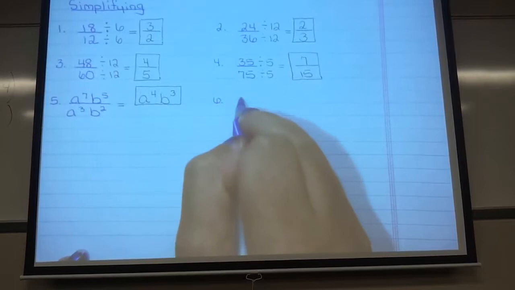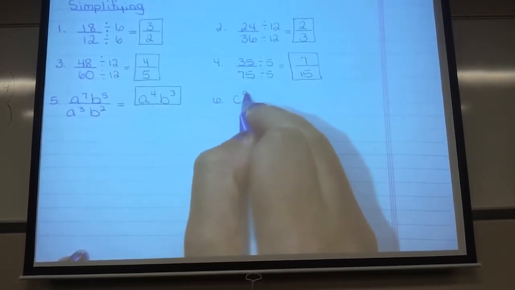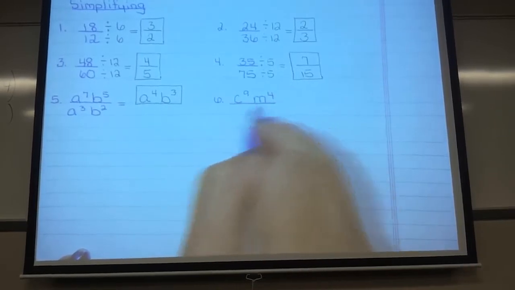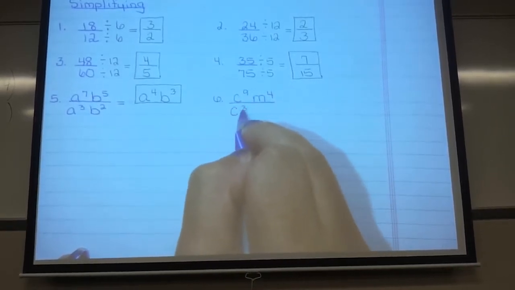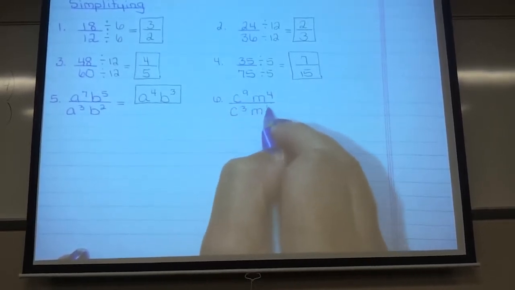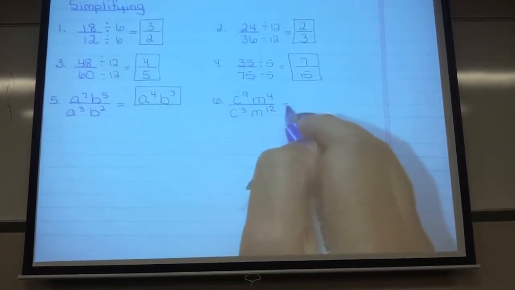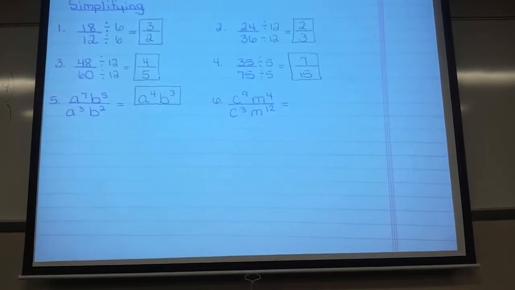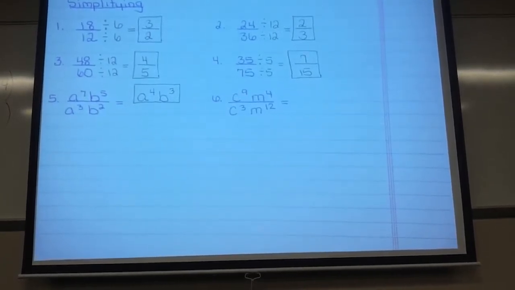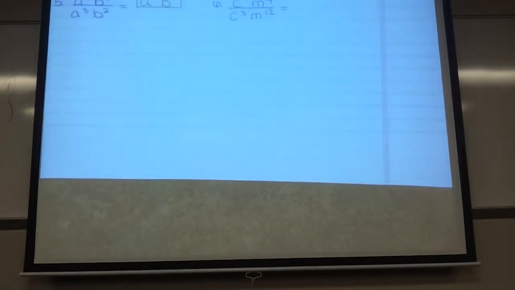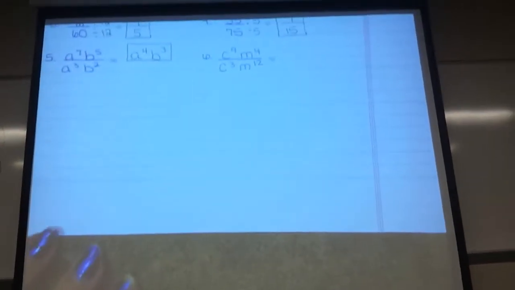If I had something like this, C to the 9th, M to the 4th, over C to the 3rd, M to the 12th. Something like that. Where do you have more C's at?